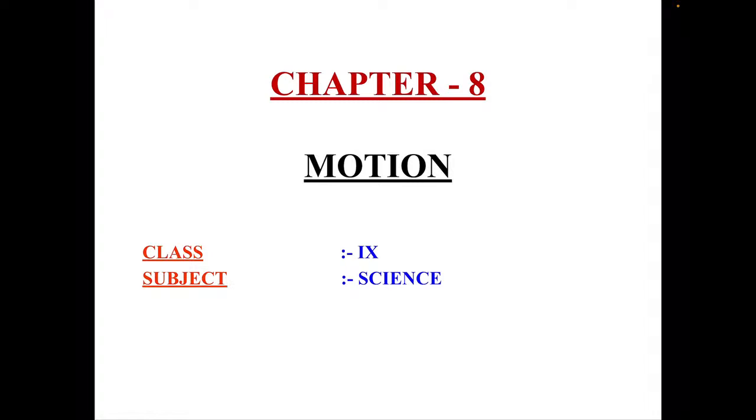And examples: house and electric poles, or schools, factories. All are examples of state of rest. If we are talking about the state of motion, there are many objects which we take as a state of motion.